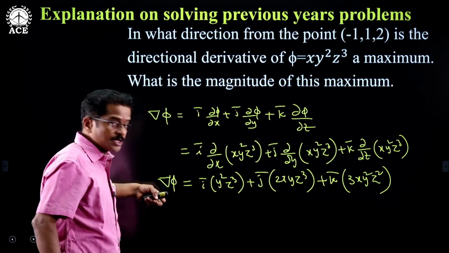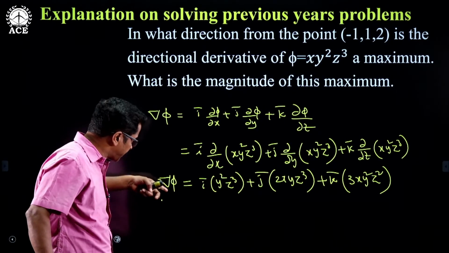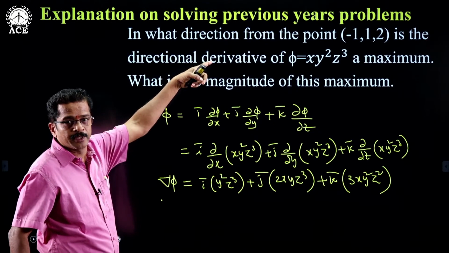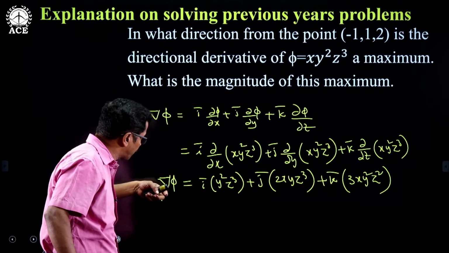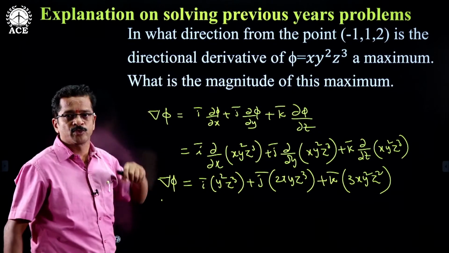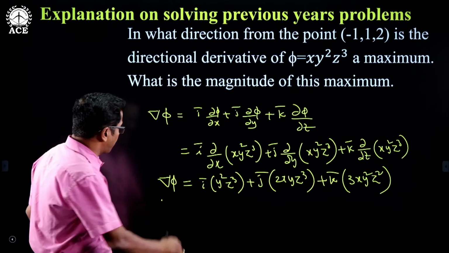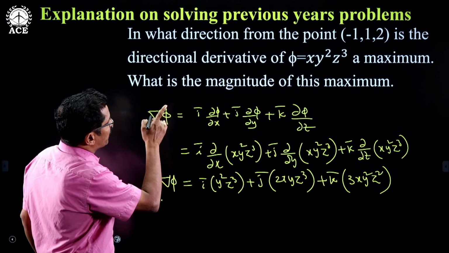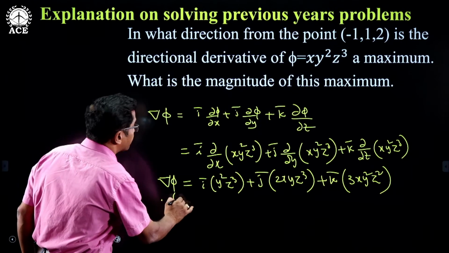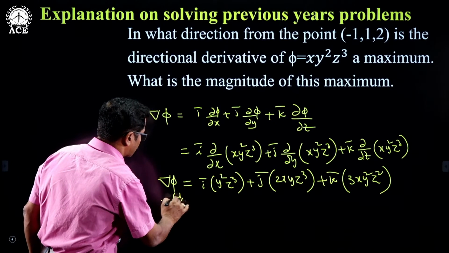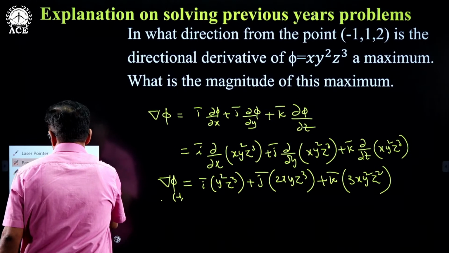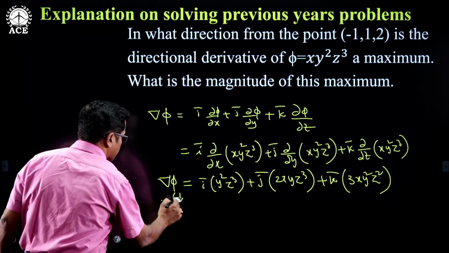So in the direction of this vector the directional derivative is defined. We are at the point minus 1 comma 1 comma 2.